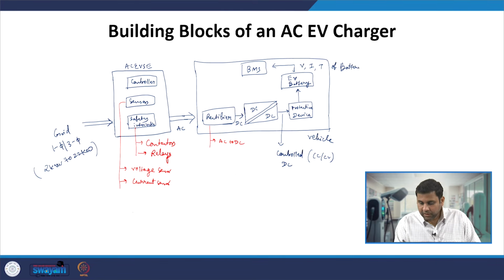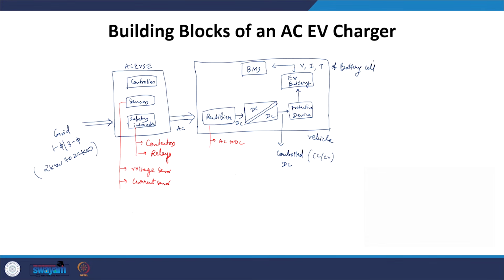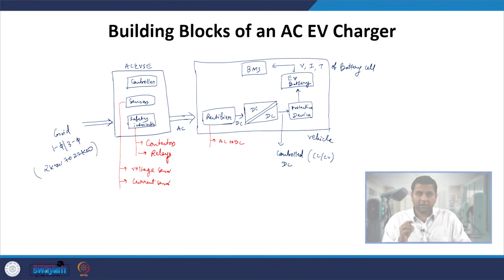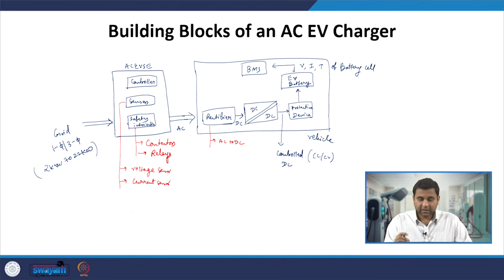They could either monitor individual battery cells in a battery pack or some number of battery cells in a battery pack. They will continuously monitor the voltage and current getting injected and how much current. Sometimes current is optional; they also measure just the voltage and temperature. It all depends upon the kind of BMS one is using.